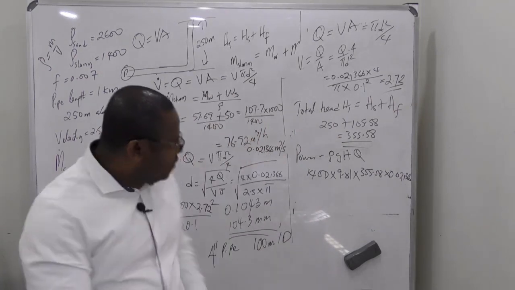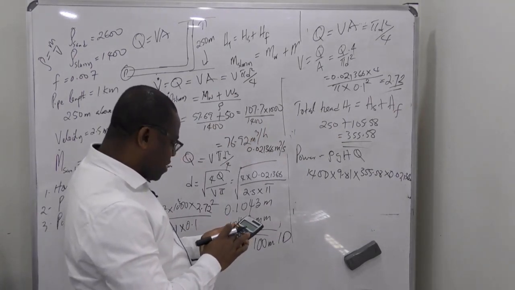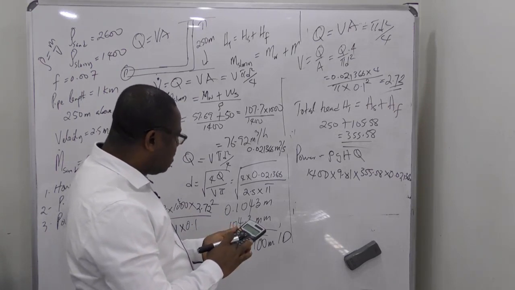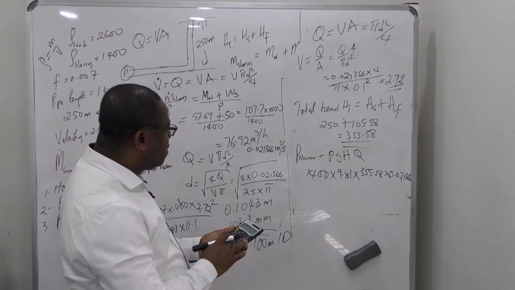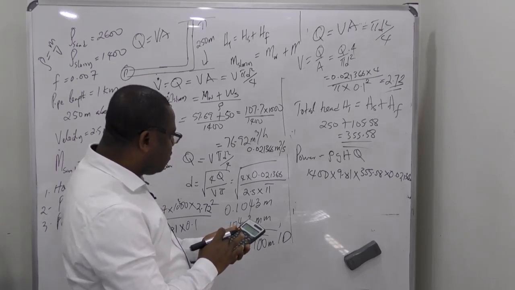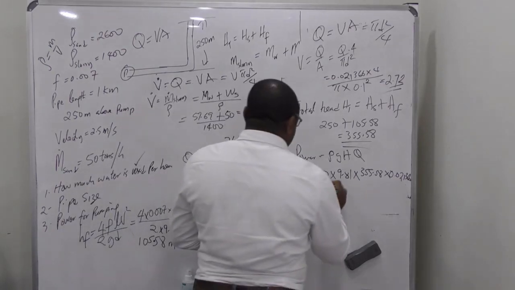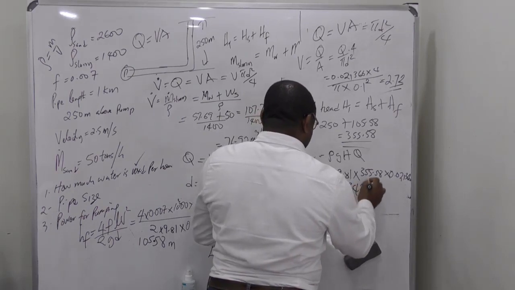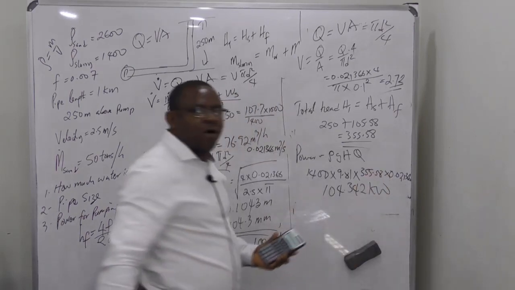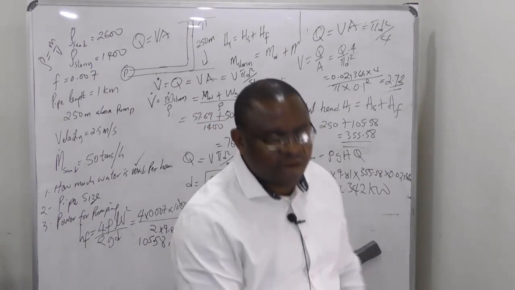So 355.58 times 9.81 times 1,400 times 0.021366 will give you 104.342 kilowatt. So that's the power.